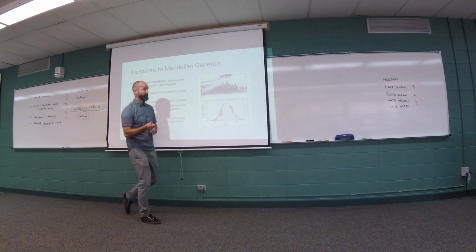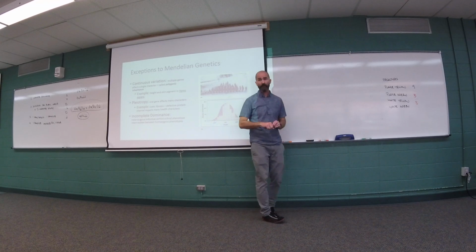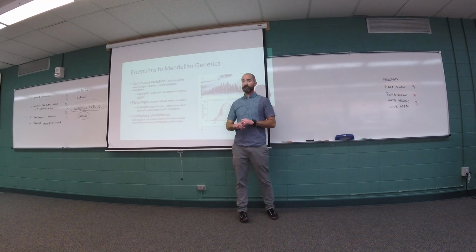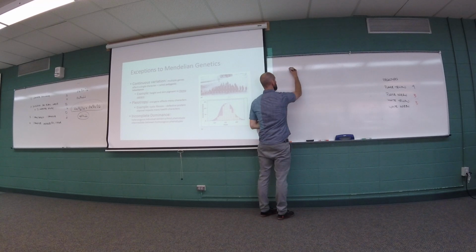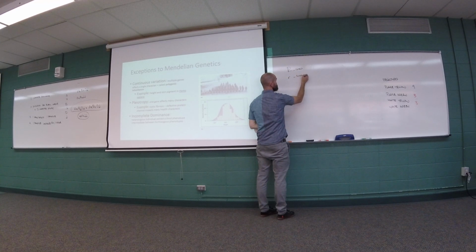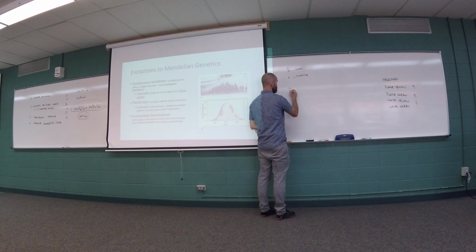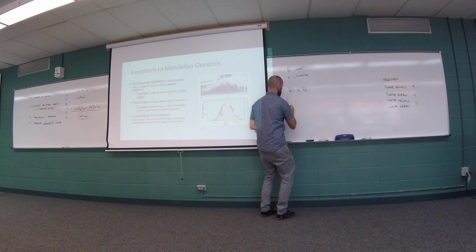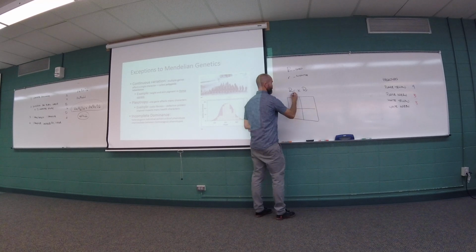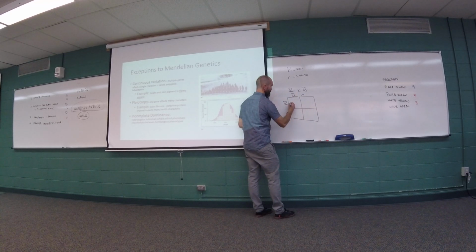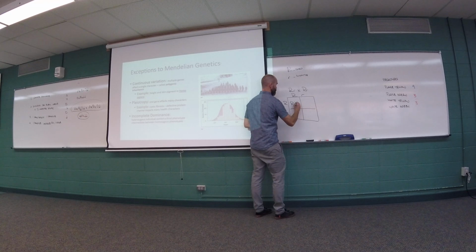Let's say that there is a gene for flower color, and the alleles are either red or white. So capital R is red, lowercase r is white. If we cross individuals that are heterozygous, that cross will look something like this, right?